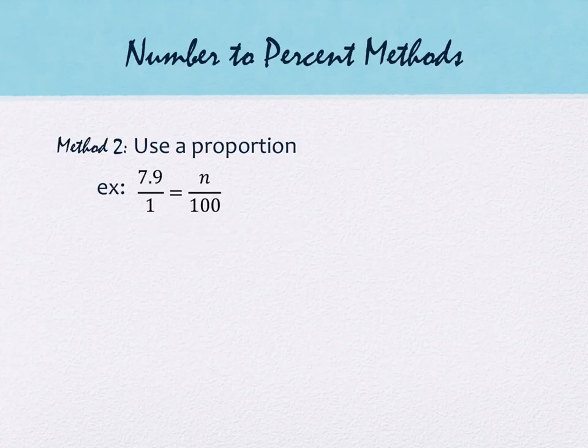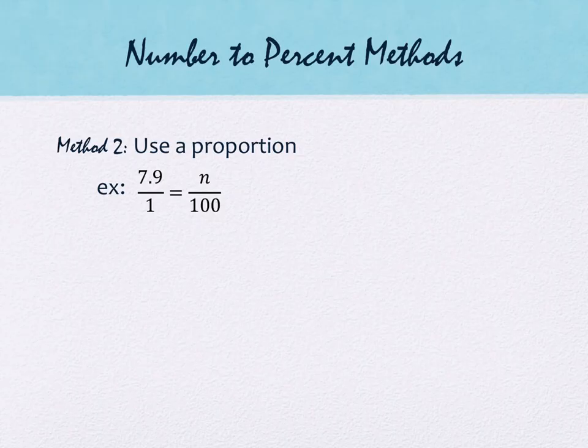Method two is to use a proportion. Not all these methods are equally good for all things, so you might look at this and say, that's just silly, why would you do it there? That may be a valid point, but let me show you how it works. If you're using a proportion, you set this up as 7.9 out of 1, just like on the previous slide, and then some number n out of 100.